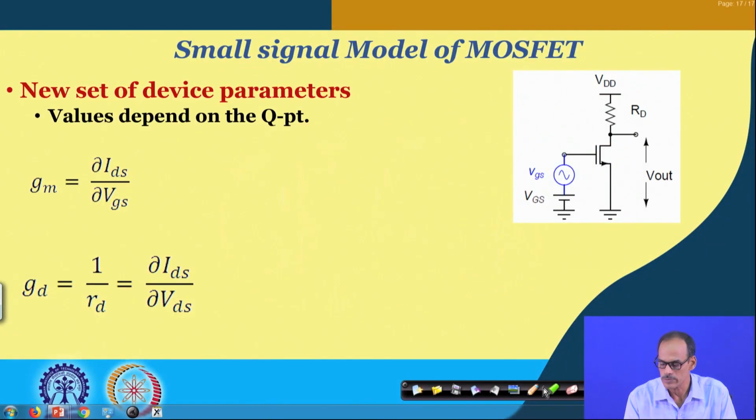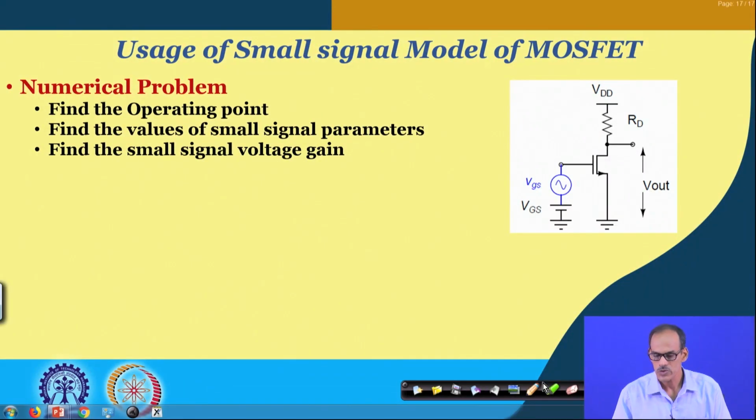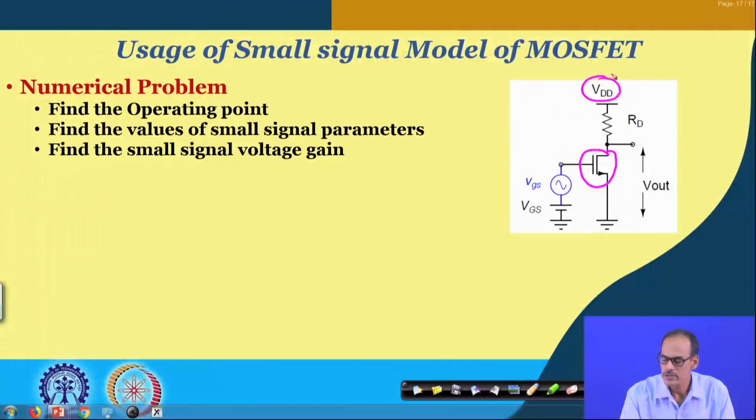The same example will be going on, but let us start with this new slide. Just to get some numbers here, let us consider these device parameters, the DC voltages, the VTH and the RD.